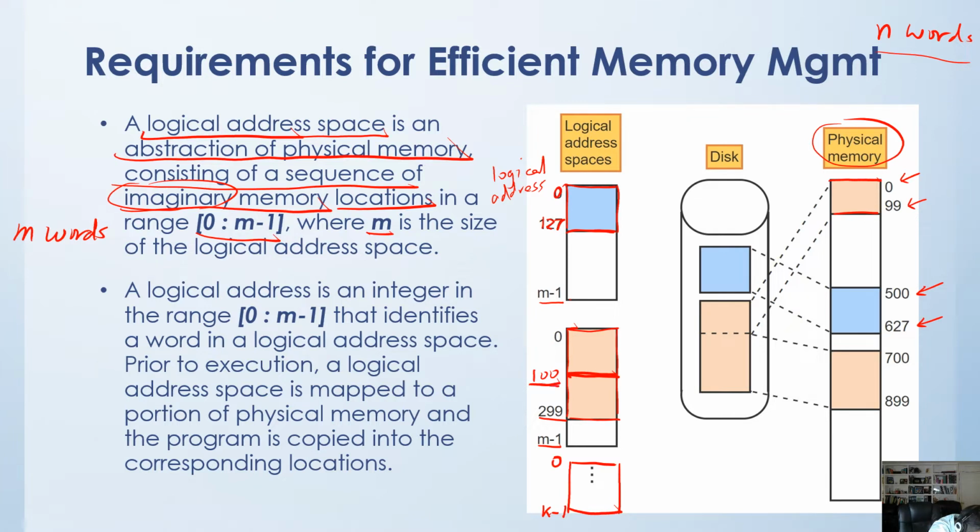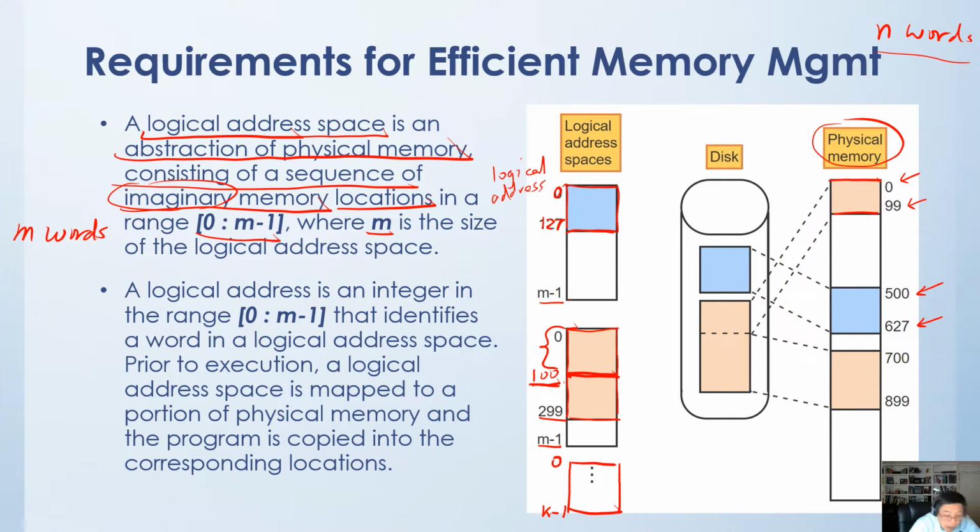So for 100, that means it's a distance of 100 from logical address 0. It does not represent the actual physical location because we haven't mapped this program into the physical memory yet.